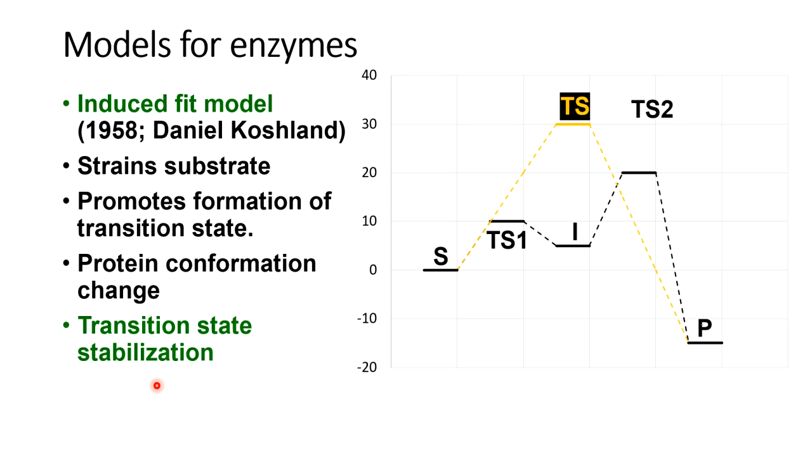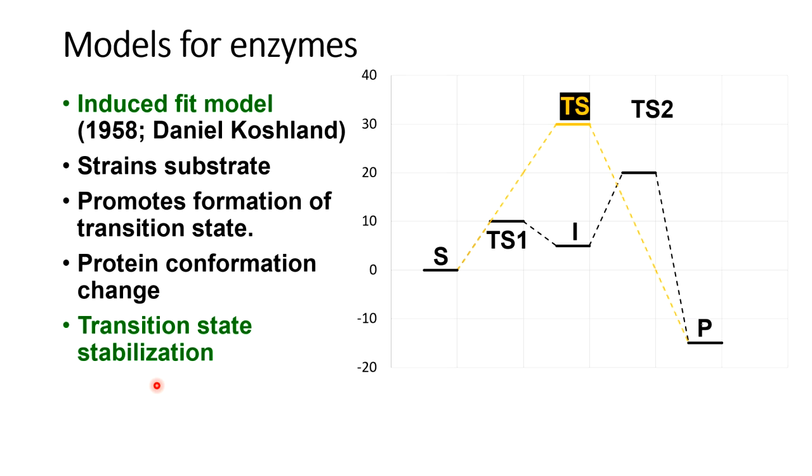In addition, you also think about stabilizing the transition state, and that drops the transition state energy down. In our example, instead of 30 kilojoules per mole, the catalyzed reaction's transition state drops down to 20.